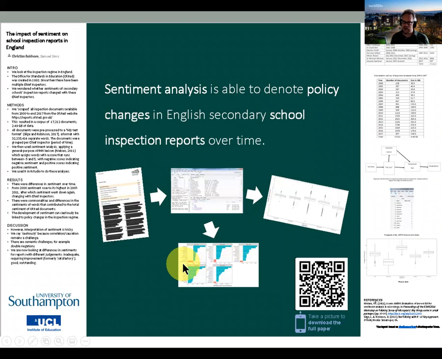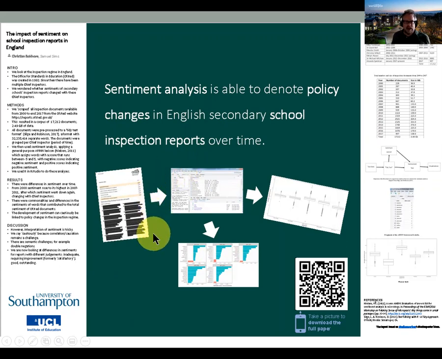And I continue to work with this also with my colleague Sam Sims, and this then led to further findings. Here you can see a poster that we presented a while back, where sentiment analysis is able to denote policy changes in English secondary school inspection reports over time.